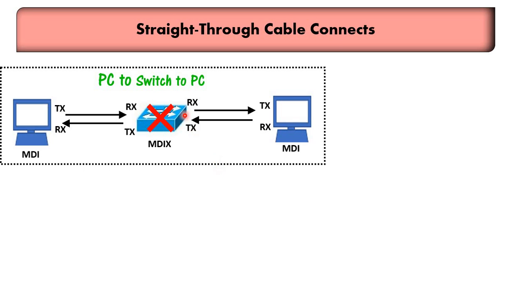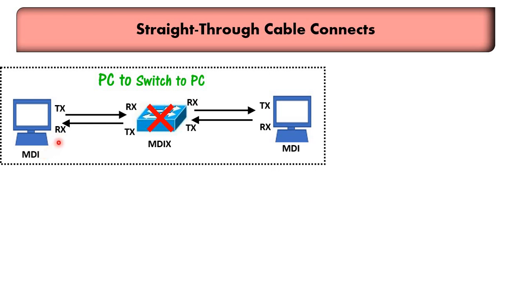Switches are designed to be in between two PCs communicating. Therefore, switches are created with an innate crossing of the wires. This is accomplished by switches, using the MDIX standard, which is the opposite of the MDI standard. Notice, we don't need the cable to cross the wires for us.